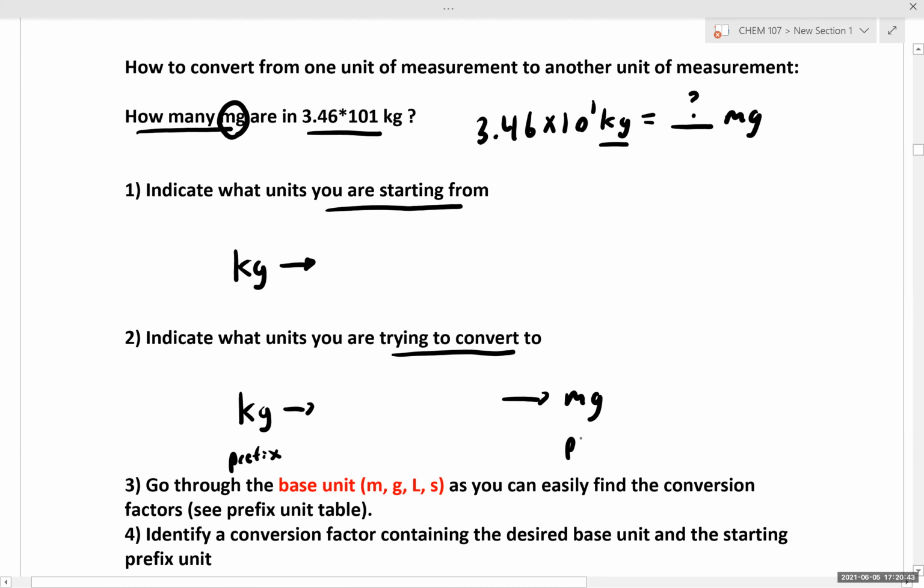So instead, we're going to go through the base unit. In this case, the base unit for both kilograms and milligrams is grams. This is our base unit. The reason why we go through the base unit is, as we've seen when we looked at different metric units, it's very easy to convert between a prefix unit and a base unit in the metric system.